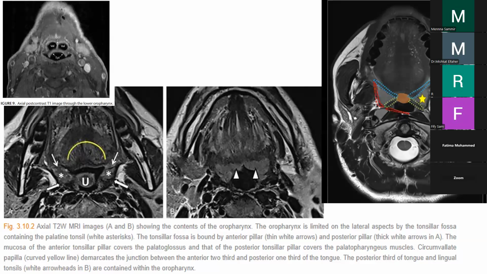Between them, they make an X shape originating from the uvula, and between this X shape is that star, referring to the tonsillar fossa or the palatine tonsils themselves. And the red dots mark the constrictor muscles, and I think here it's marking the superior constrictor muscle.